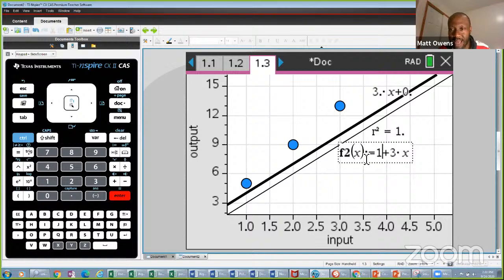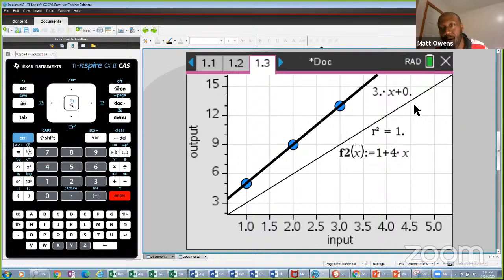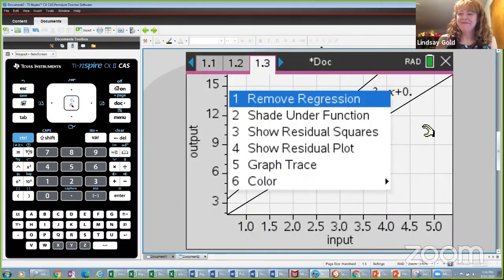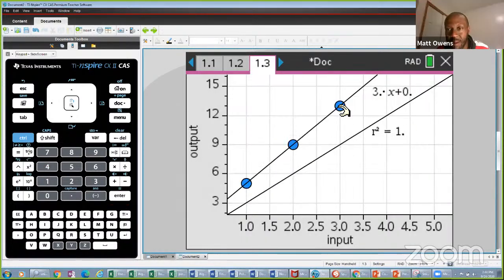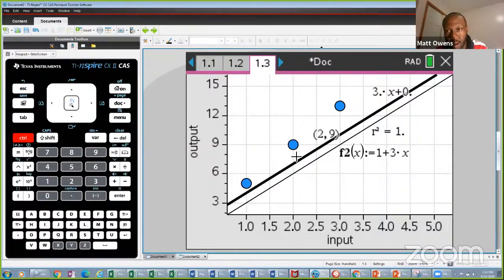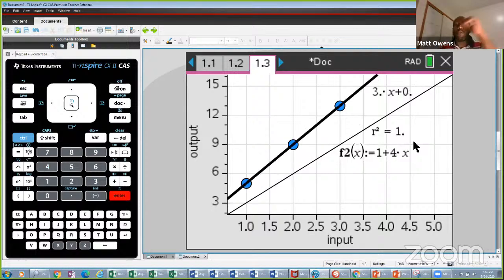No, in this case, not 3 times x, 4 for the corners, right? 4 corners. There you go. Yeah. And so now we can see that particular pattern.